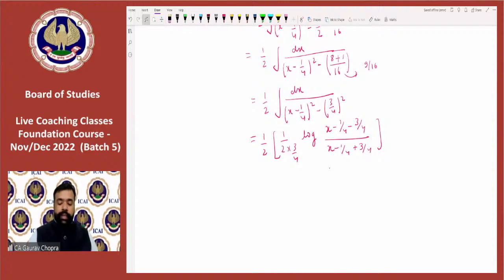Now we can solve and get the result. Now 4 will get cancelled with 2 and 2. So we are left with 1 upon 3 log of x minus 1 by 4 minus 3 by 4, it becomes x minus 1 divided by x minus half. And at last we can add the constant c.